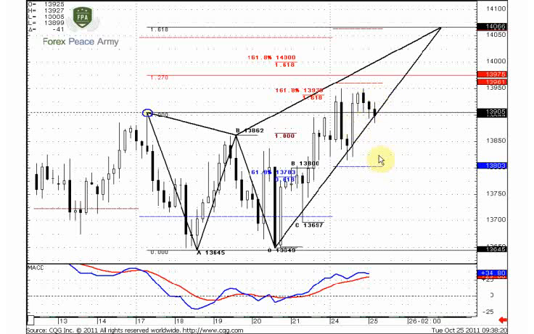A breakout to the downside prior to that target, or even at that target, will be negative for the butterfly, since the butterfly during its development doesn't suggest really strong and deep retracements to the downside.